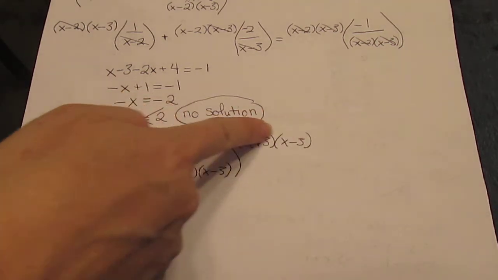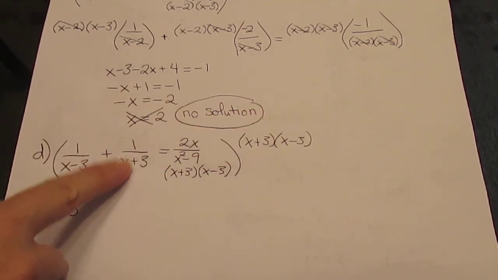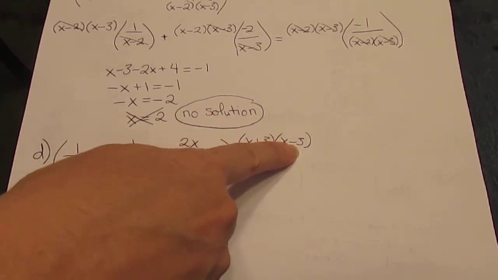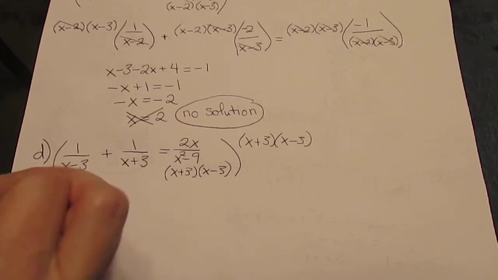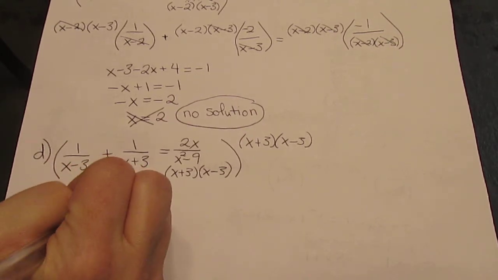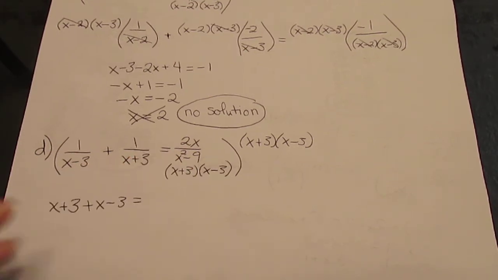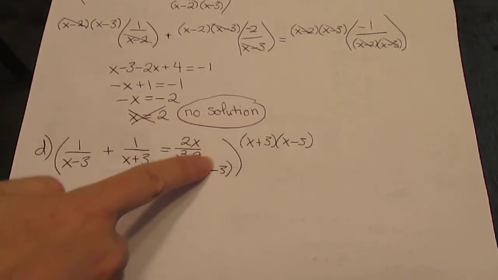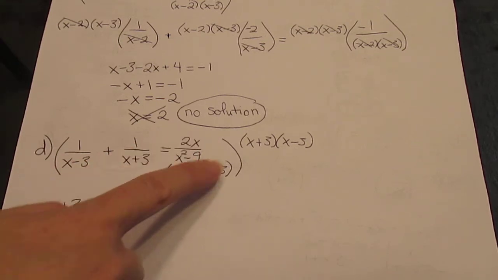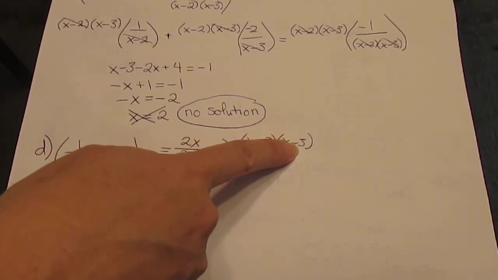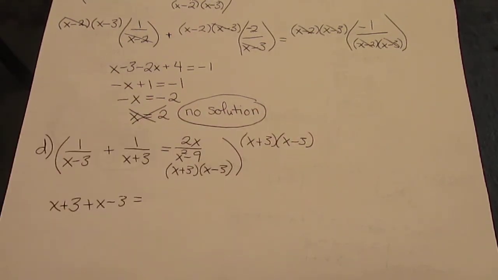Again, it's this whole thing being multiplied times the second expression. So the x plus 3's cancel out, and we've got 1 times x minus 3. So that's just x minus 3. And this whole thing times our last expression, both of them cancel out this time. So we're just left with the 2x.